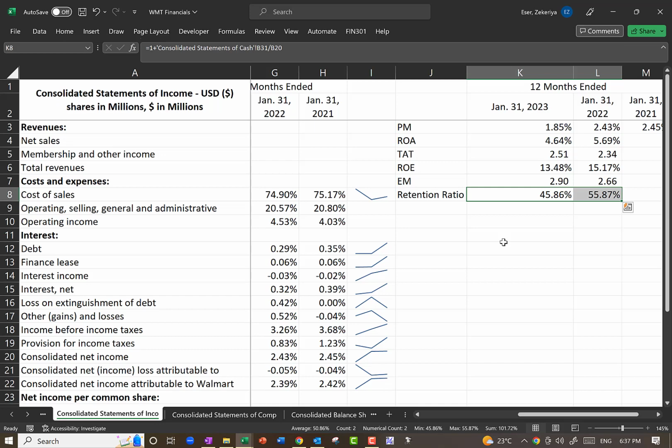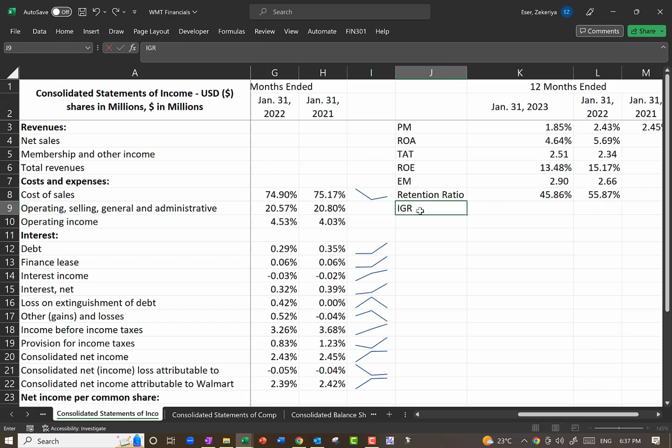Walmart? No. Kroger. Really? They have a higher retention ratio. Kroger pays only about 30% of their income as dividend. Walmart pays half. So of the new resources they generate, internal resources, it's your net income, they pay out half. But Kroger keeps a lot more inside the company. So everything else being the same, Kroger should be growing faster.